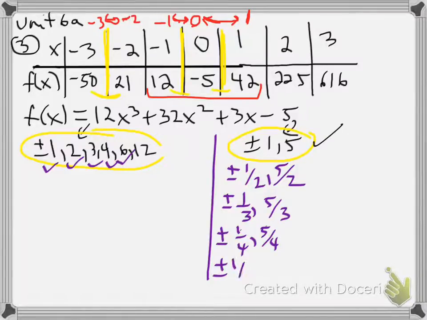Plus or minus 1/6 or 5/6. And the last one is going to be with the 12, and I don't have any more space, so I'm going to write plus or minus 1/12 and 5/12.